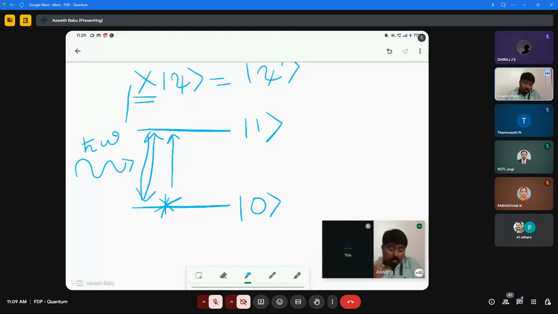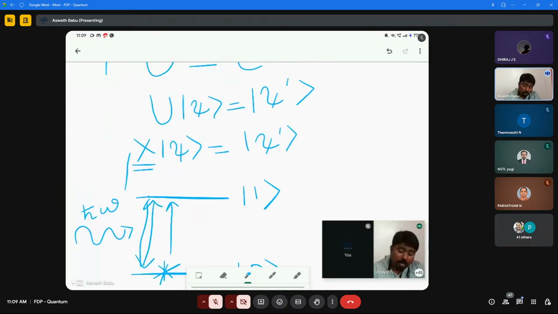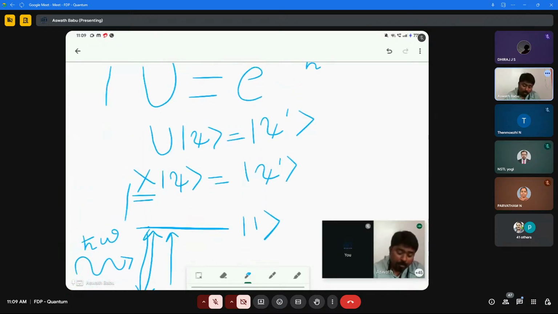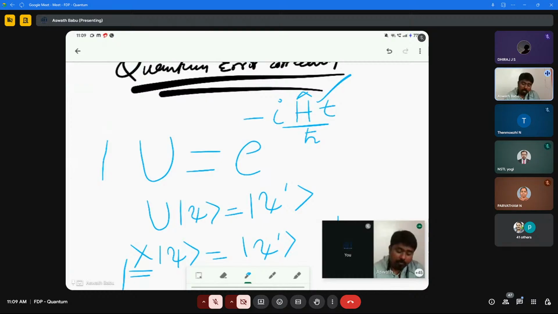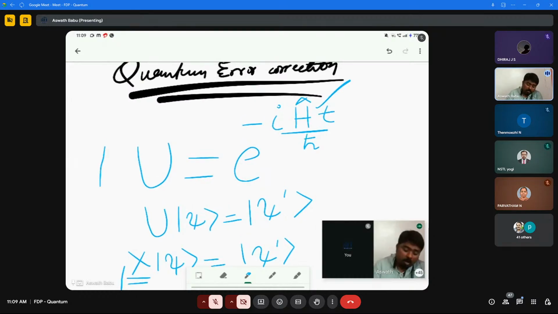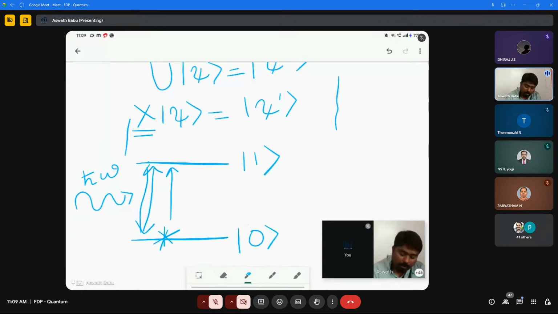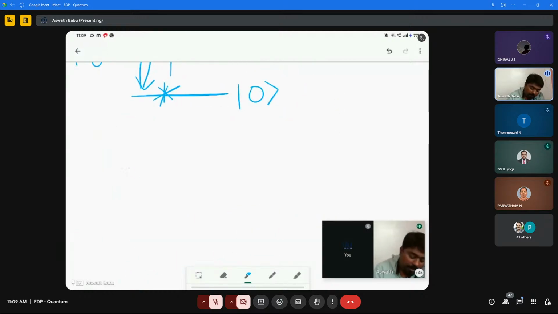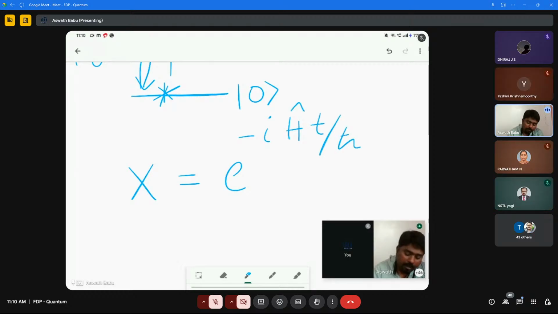Now, for this X gate, what is the corresponding Hamiltonian? Because I know on the left hand side I have an X. Okay, let me write down that equation. On the left hand side I have an X gate operation, which is exponential minus i H divided by h cut.